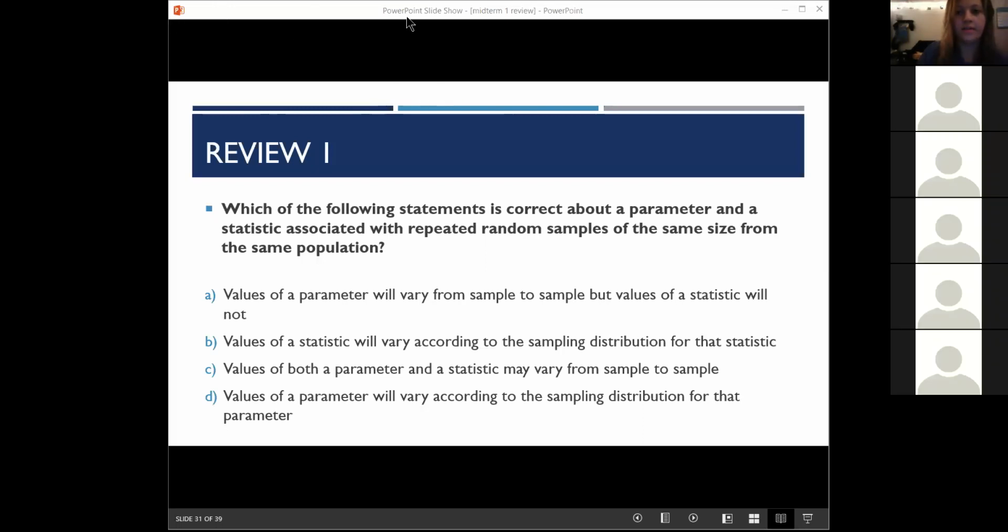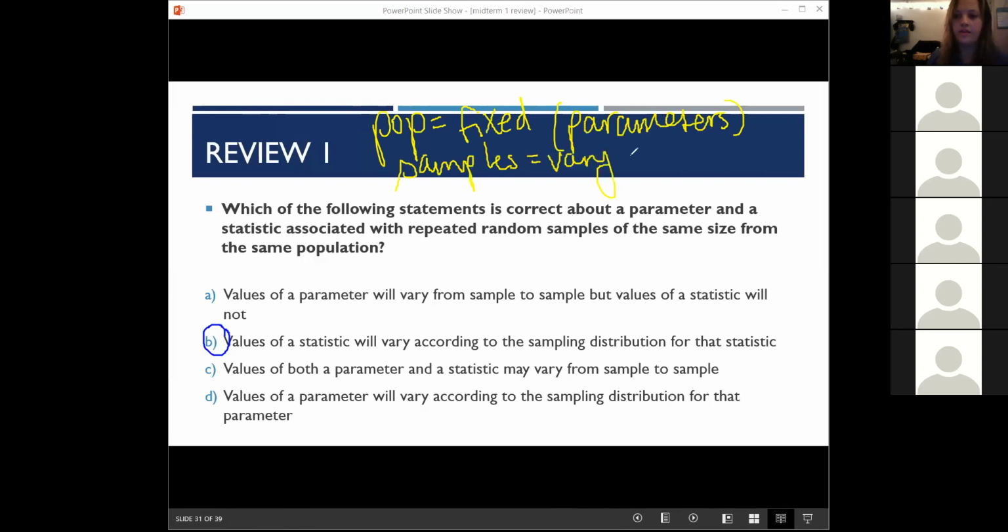All right, great job, guys. Absolutely. So our answer is B here. Remember, Lydia told us from the beginning that our populations are going to be fixed, and the measurement of them is parameters. And then samples are going to vary, and our measurement of that will be statistics.